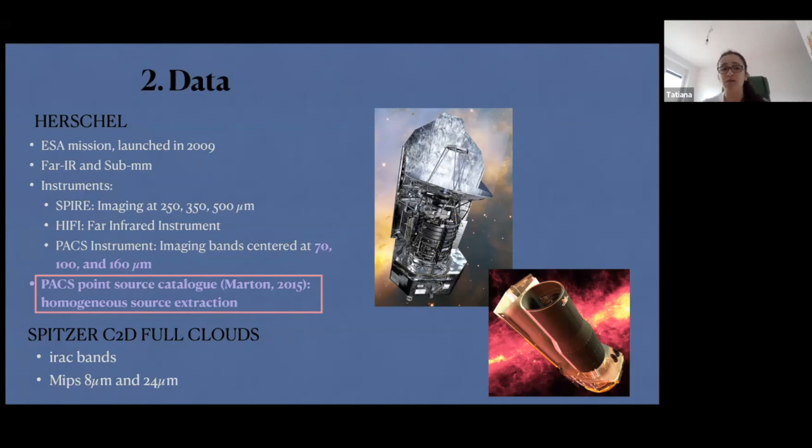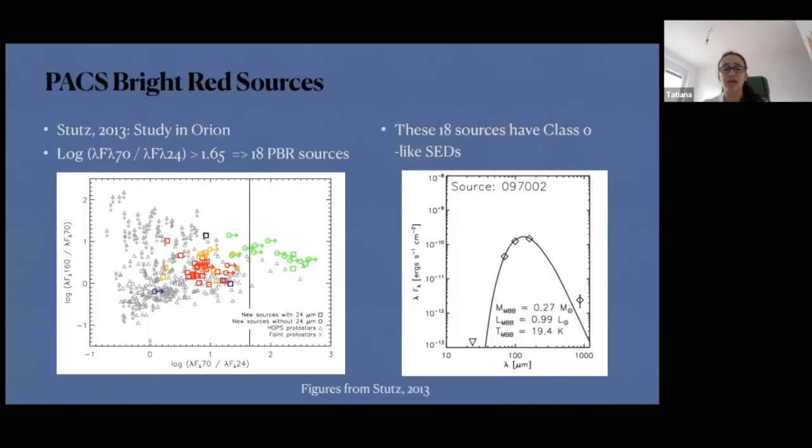And part of the motivation to use these two data sets is also a study by Stutz in 2013, where they do a Herschel study in Orion, where they use the flux ratio of 70 to 24 micron from Herschel and Spitzer respectively. And what they do is to use a cut at 1.65 to get a list of sources that would basically be PACS bright red sources.